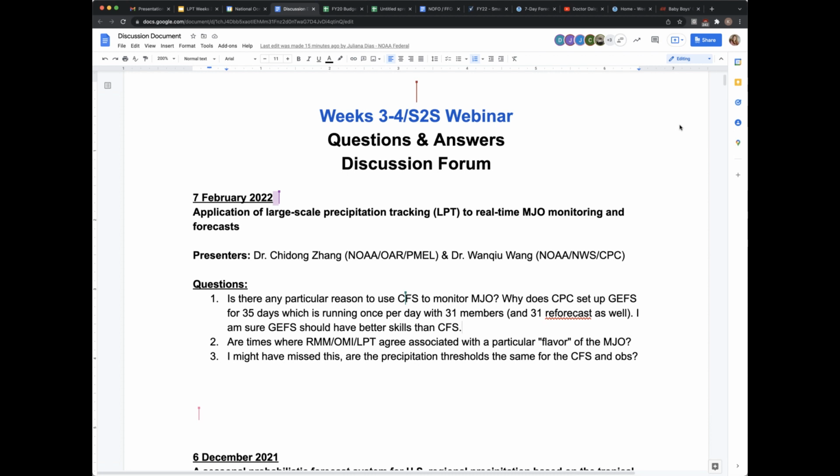I can take this one. The reason we started with CFS is that when we started this project, CFS was the latest model that produced a better MJO forecast, and GEFS 12, or GEFS, was recently implemented.